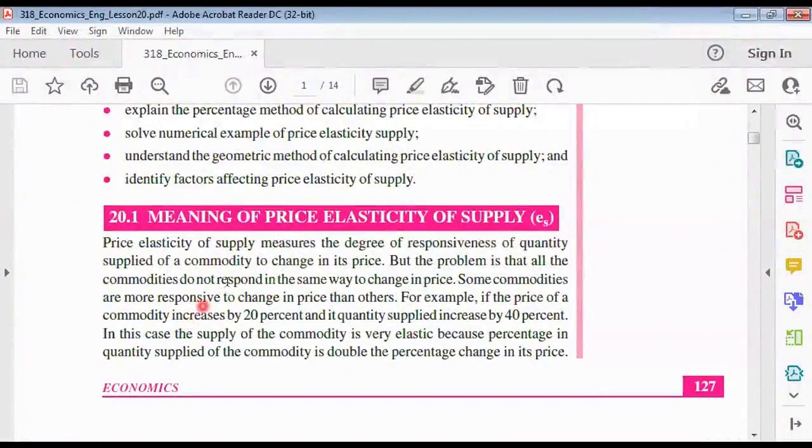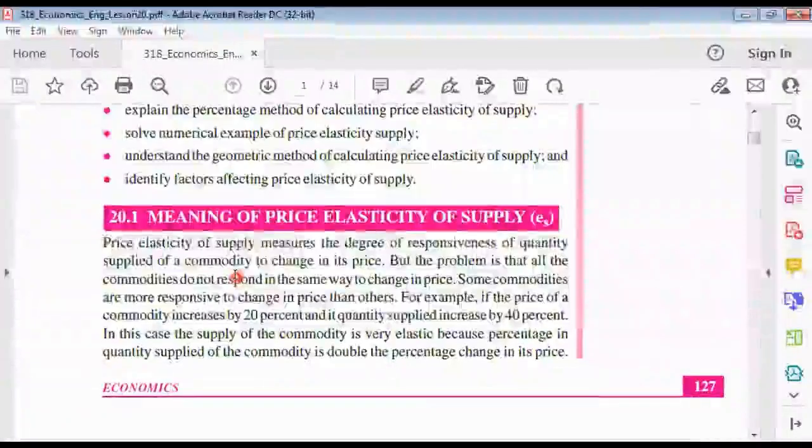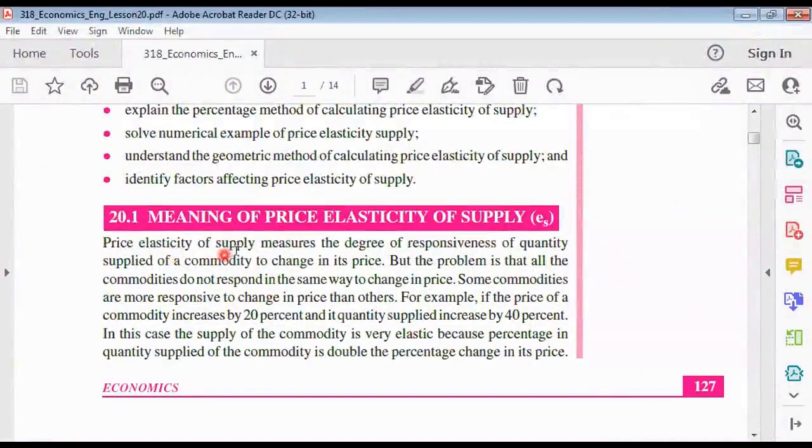The only difference is that here you write the word supplied instead of demanded. The rest of the statement is the same.